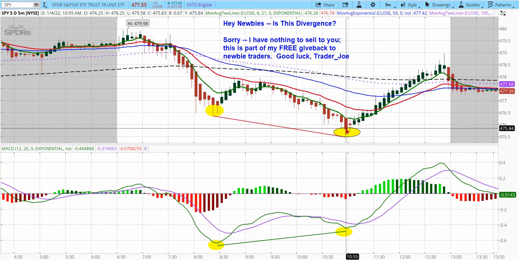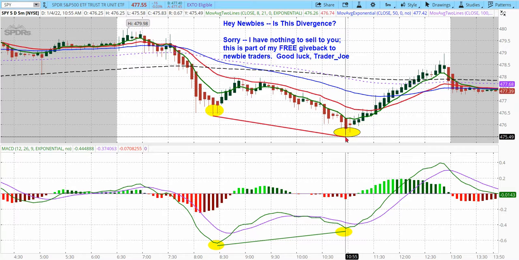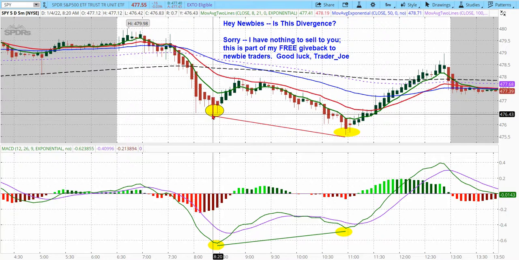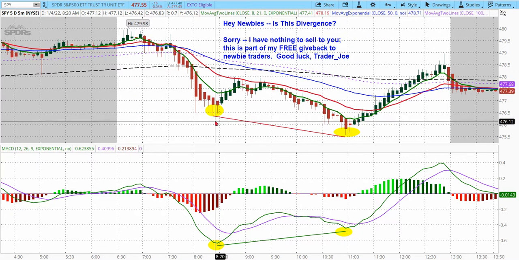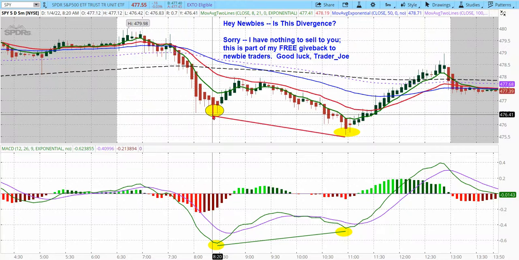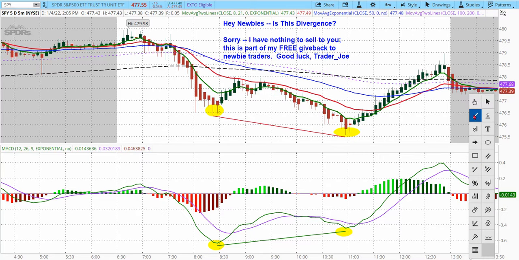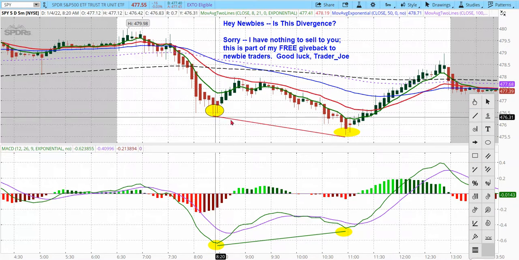Now this time at 10:55, the price action hit another low. So if I highlight it in yellow, this low here at 10:55 and this low here at 8:20, what I want to do is draw a diagonal line, and you do that by going here and picking out the diagonal line and then drawing it.